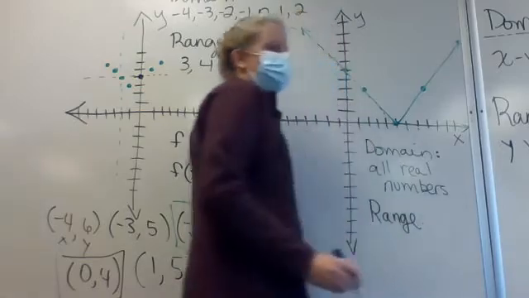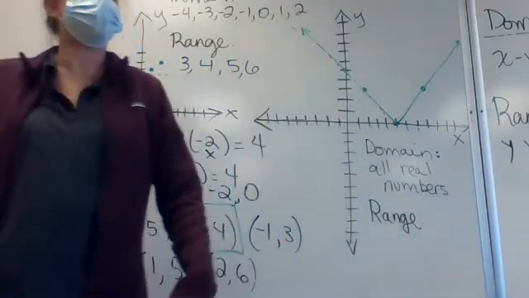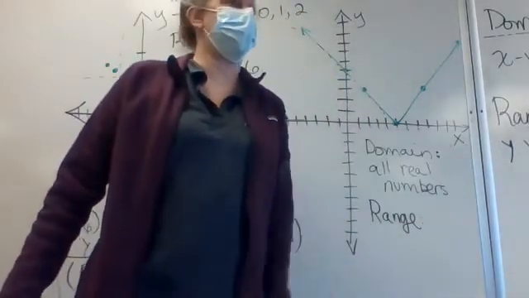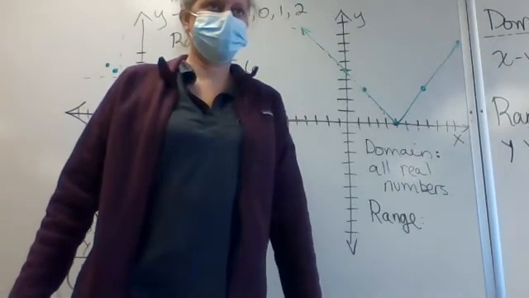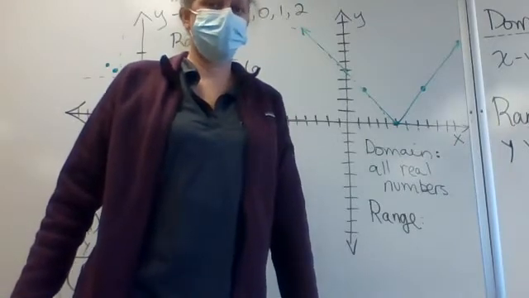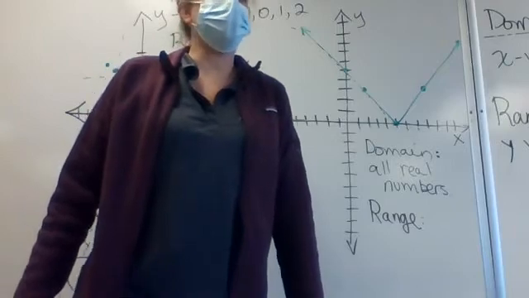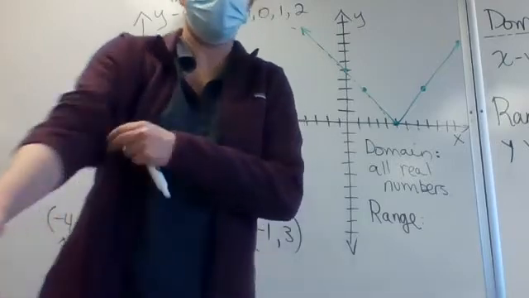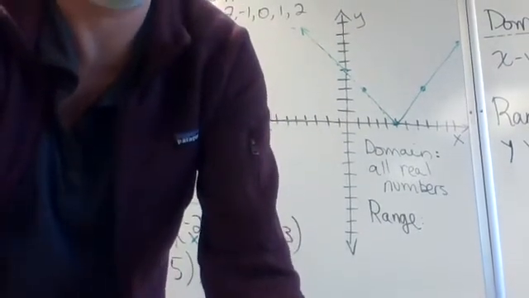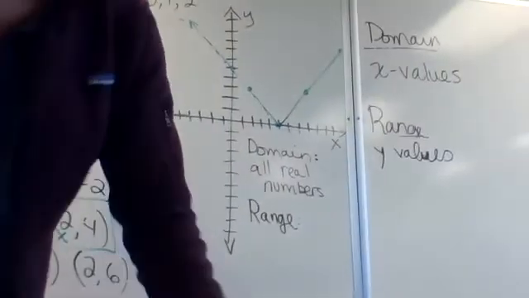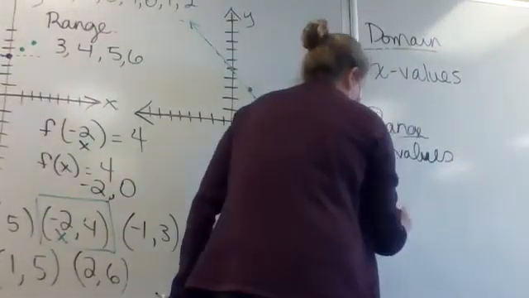If your arrows go forever to the left and forever to the right. Let me show you one that would not be all real numbers. That's not just a group of points. Like for instance, a square root graph looks like this.